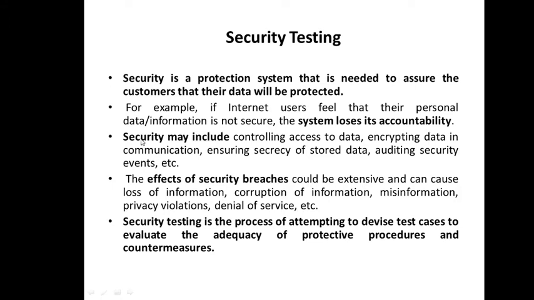Now what does security include? Security includes controlled access to your data, encrypted data in communication, ensuring secrecy of the stored data, and auditing security events. So the four major security concerns are these. There must be controlled access.